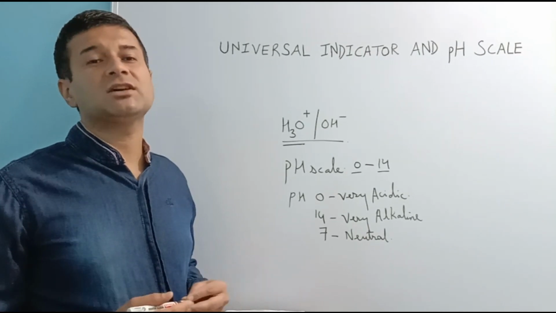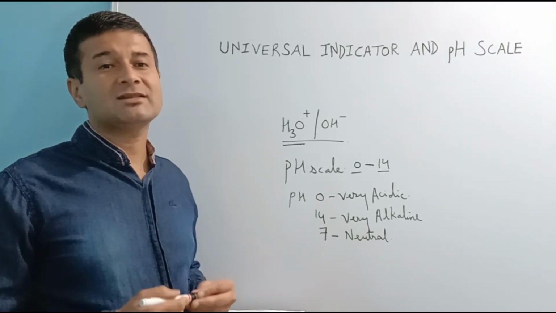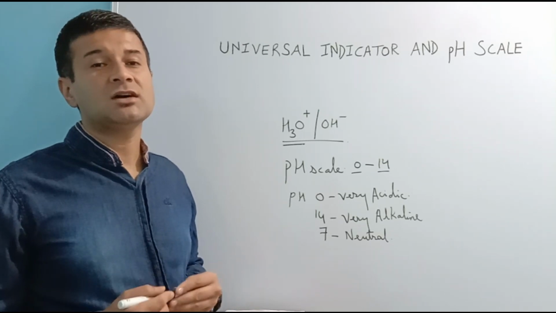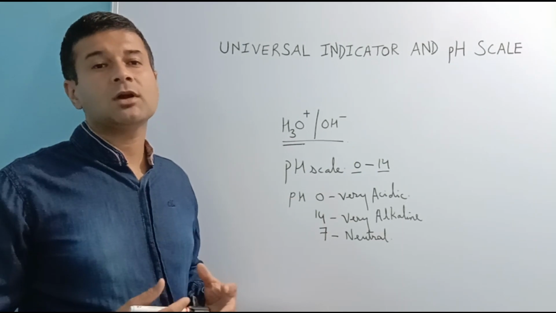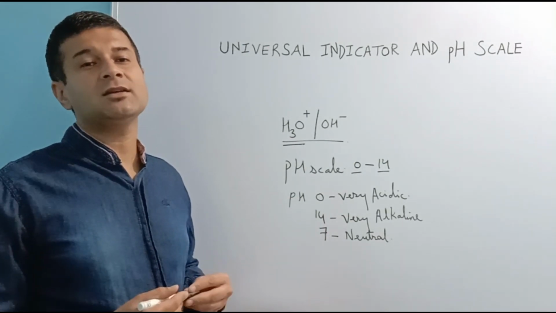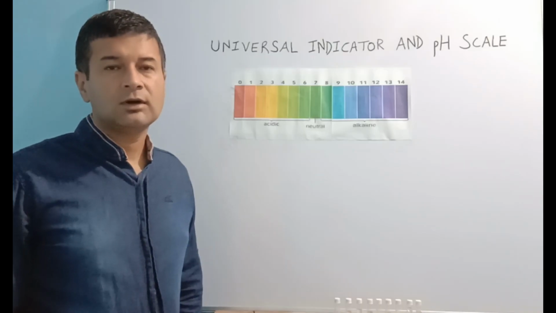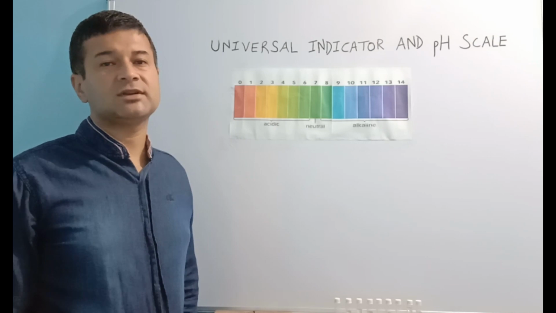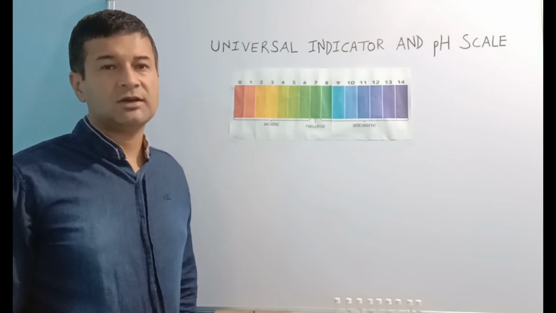For bases, on the other hand, the pH increases from 7 to 14 as it represents the increase in the OH minus ion concentration. Therefore, a base with pH 10 is less basic than a base with pH 12 or 13.